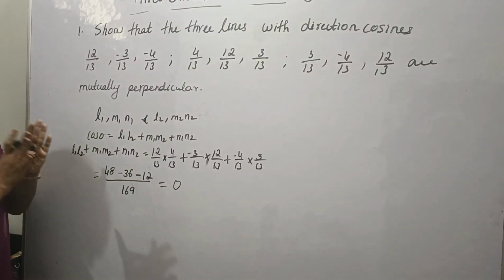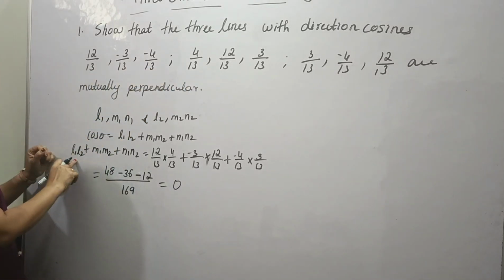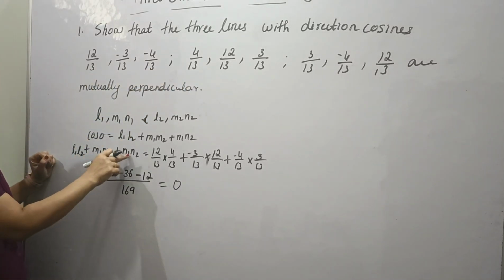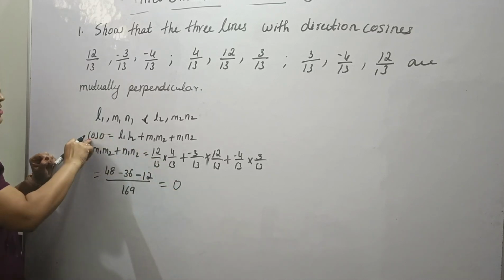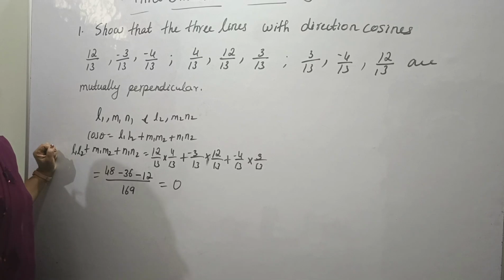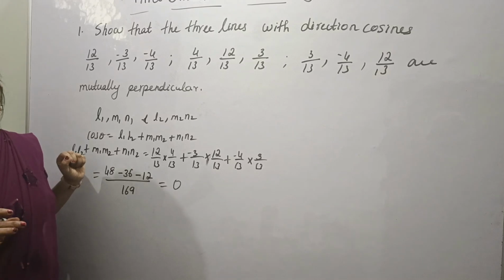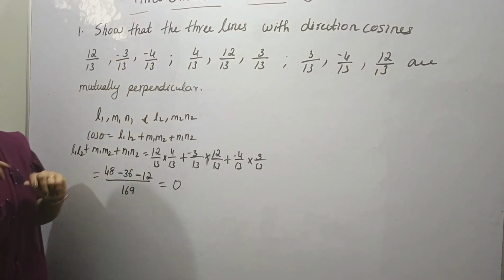So for these two lines we have got l1 l2 plus m1 m2 plus n1 n2 equal to 0. That means cos theta is equal to 0, which implies theta is equal to 90 degrees. So these two lines are perpendicular.